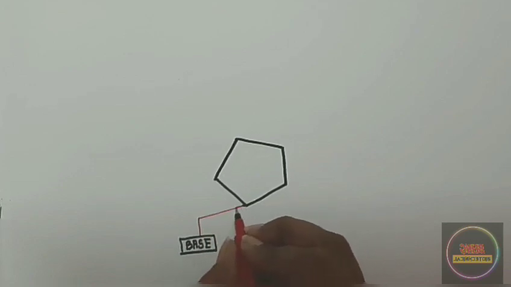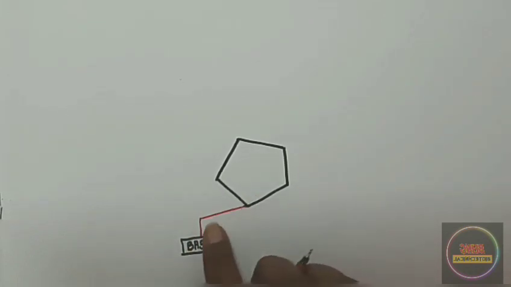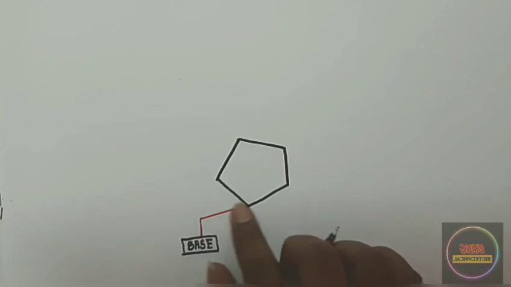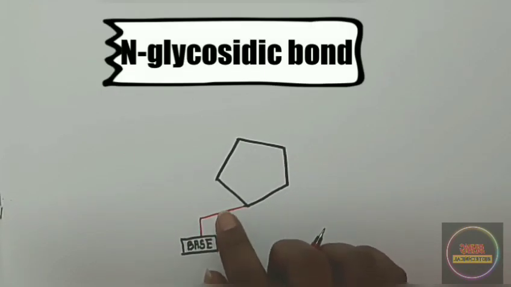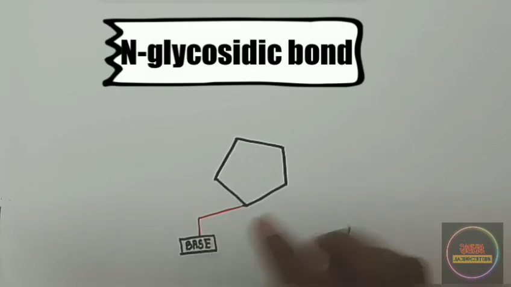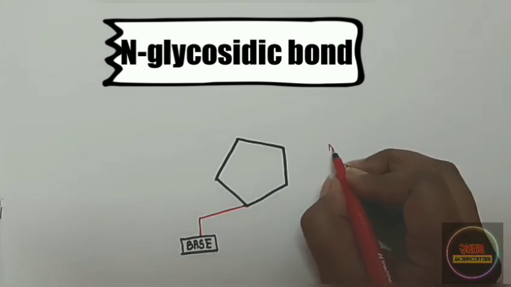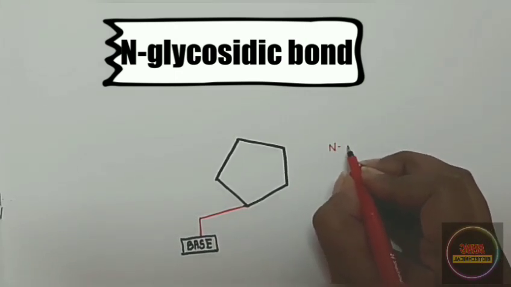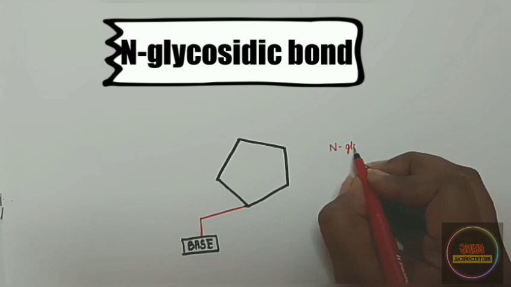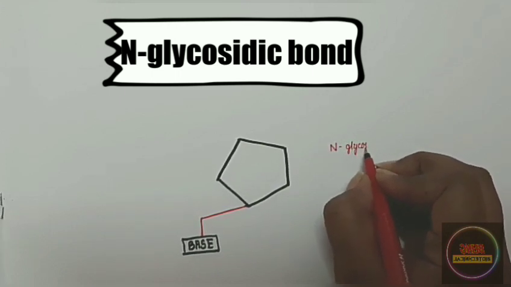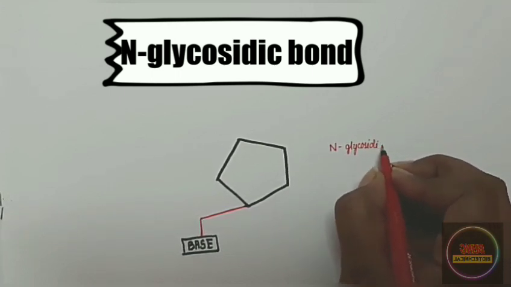I have highlighted the bond with red color. As you can see, I have highlighted this bond, by which the nitrogenous base is attached to the pentose sugar, with red color. This is because this bond is an N-glycosidic bond. So in order to draw your attention to this, I have highlighted it in red.